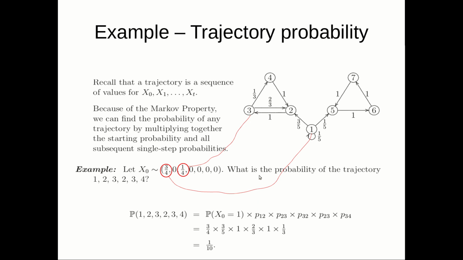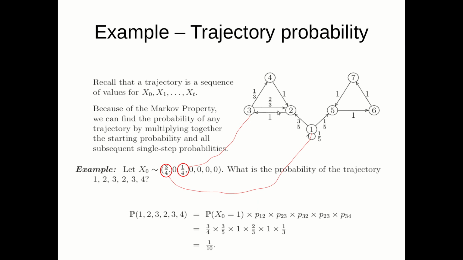The question is, what is the probability of the following trajectory, so of observing the following states if we run our Markov process once? What's the probability of observing 1, 2, 3, 2, 3, 4? The probability of observing this specific trajectory is the prior probability of being in state 1, and we know from here that this is 75%. Multiply then with the transition probabilities that take us to the desired state.